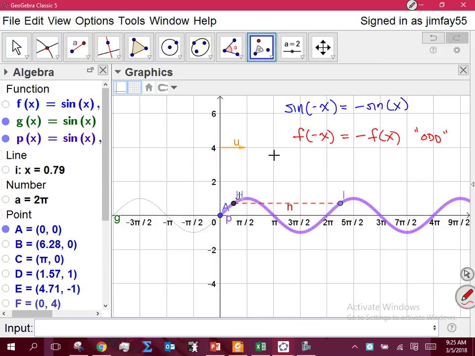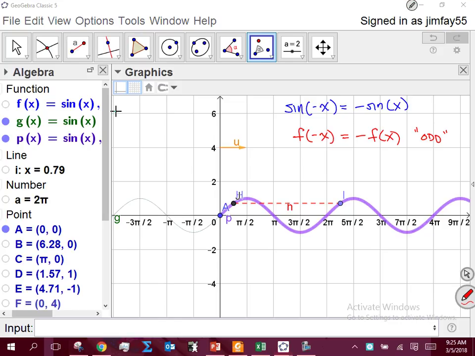If we remember that an x-axis reflection followed by a y-axis reflection, that is equivalent to a 180-degree rotation about 0, 0. 180-degree rotation around 0, 0, or the origin.